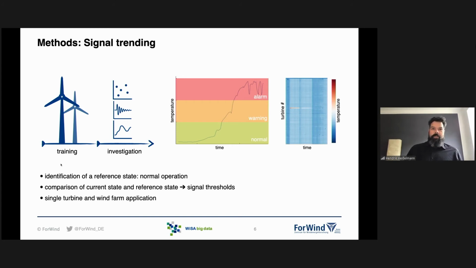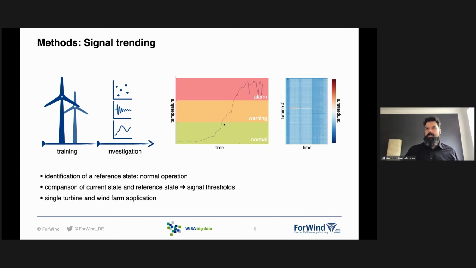From the training data set, we identify a reference state where the turbine or the wind farm is in normal operation. And then we use our signal trending methods to compare the current data to the reference data. Depending on what quantity you're looking at, here you see an example for temperature.